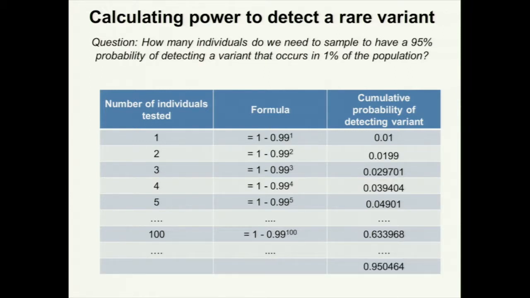But then our starting question was, how many people do we need to look at to have a 95% chance? So any guesses? People that are not looking at the slides? 200 to 400? That's a pretty big range.